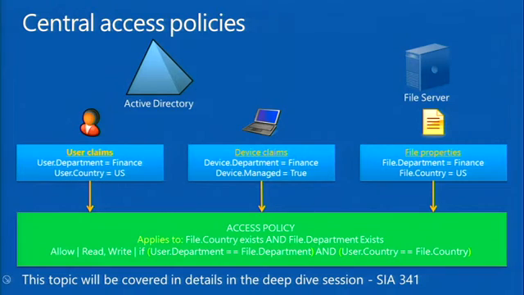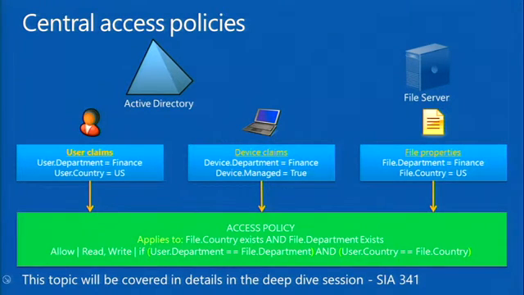So we took these 2,000 ACRs and 2,000 groups and converted them to 3 claims and 3 access conditions. Right? So that's a pretty substantial way to migrate from your current environment to the new environment.